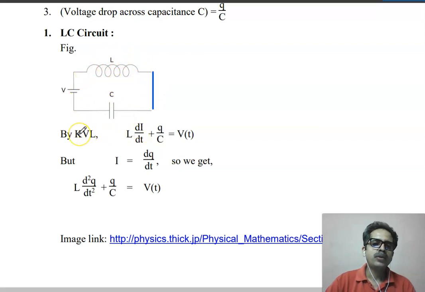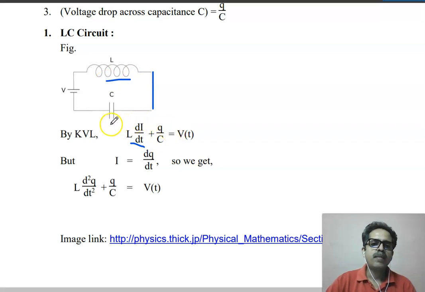So according to the KVL, the voltage drop across inductance L is L into di by dt.